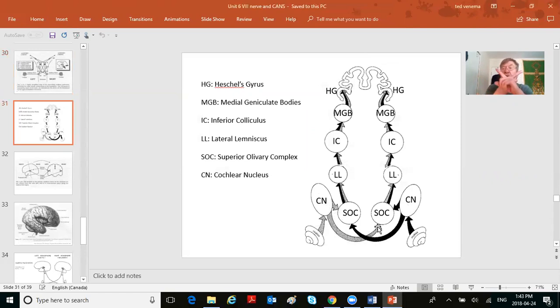That's your first crossover. So what's the first pair of nuclei to receive input from both ears? This SOC is getting information from right and left ears. This SOC is getting information from right and left ears. Each one has now information from both ears. So follow the arrows. Cochlea, eighth nerve, cochlear nucleus, ipsilateral SOC, contralateral SOC.